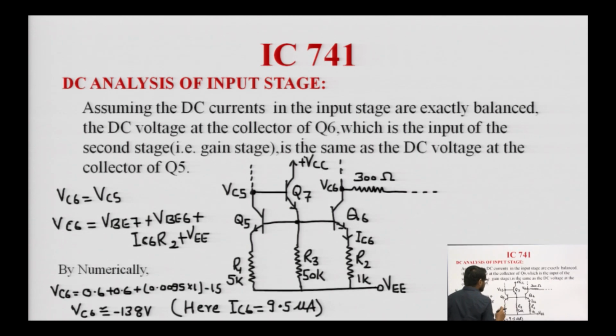Now, we calculate VC6. Why do we calculate VC6? Because VC6, that is the collector voltage, is the input for our next stage, that is the gain stage. Okay. So, we calculate VC6 due to the balancing arrangement of the input differential amplifier. Due to the balancing arrangement of the dual differential amplifier, we get VC5 and VC6 equal.